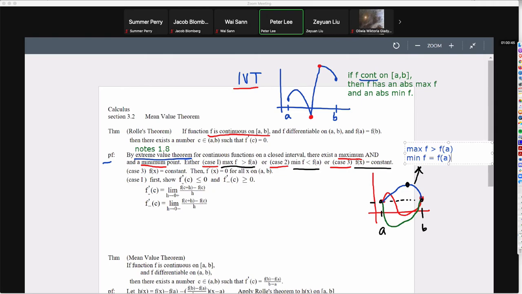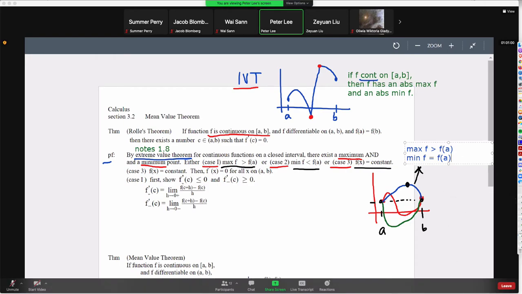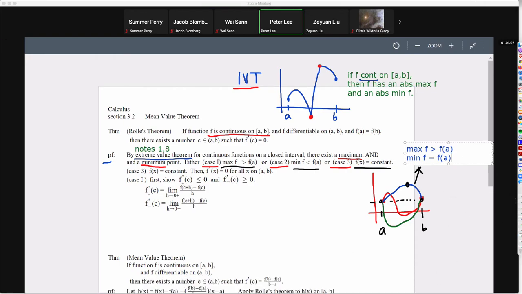So note that the minimum f is not less than f of a. It's equal to f of a. At x equals a, that's the endpoint, and it happens to be the minimum point. So therefore this blue curve only satisfies case 1.